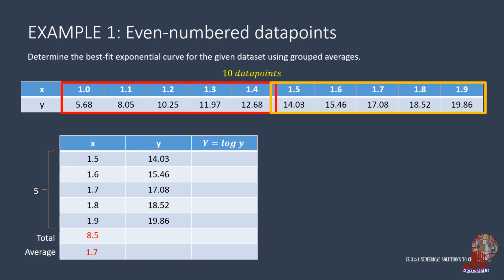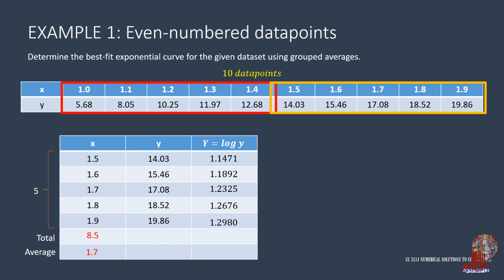The logarithm of 14.03 is 1.1471. Then that of 15.46 is 1.1892. The logarithm of 17.08 is 1.2325, and the log of 18.52 is 1.2676. The logarithm of 19.86 is 1.2980.